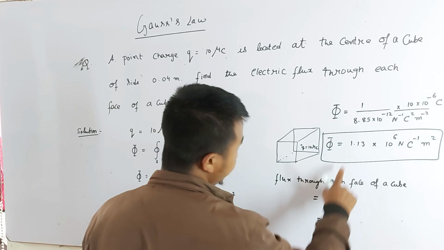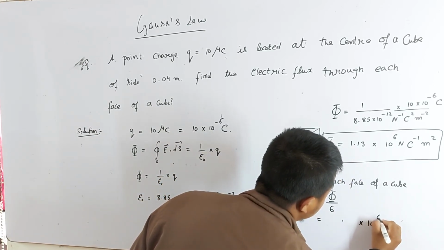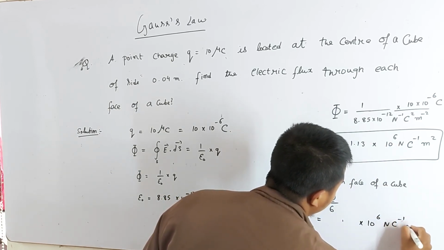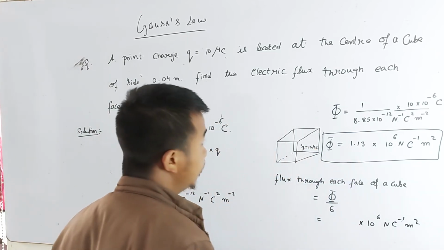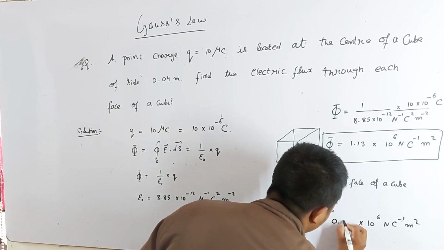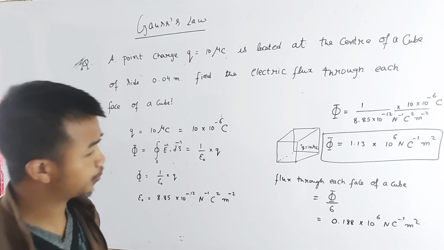If you put this value in this equation, the 10 to the power 6 remains as it is, so N C to the power minus 1 M squared, then 1.13 divided by 6, approximately 0.188. So you can check this numerical value.